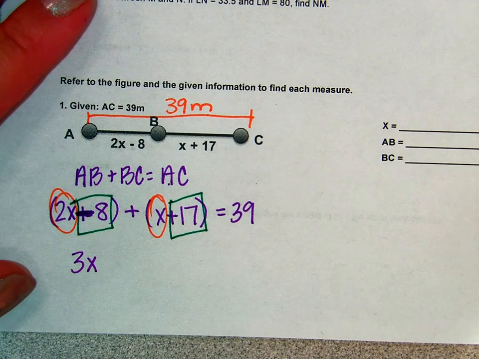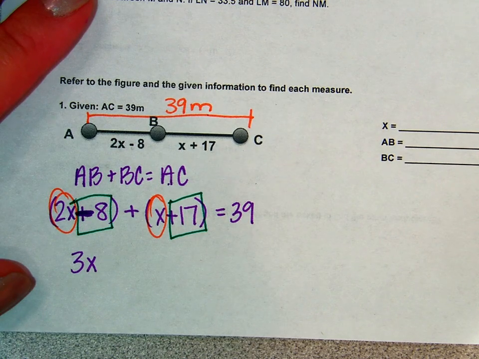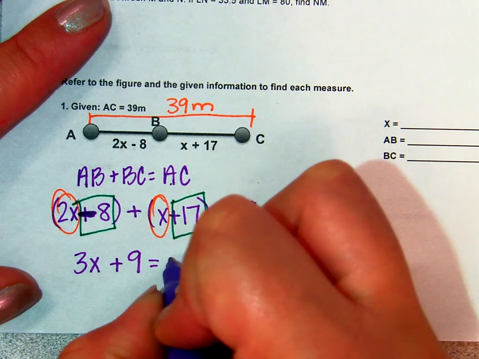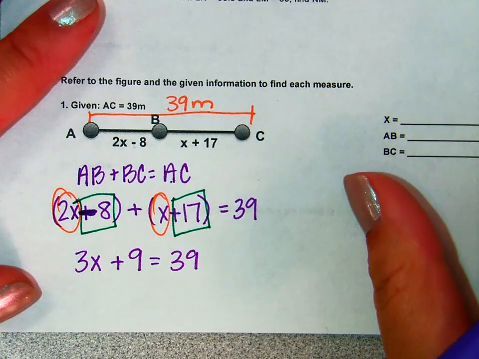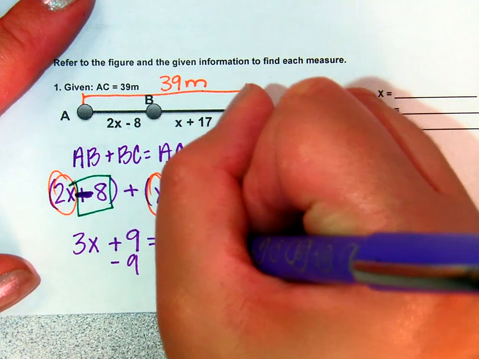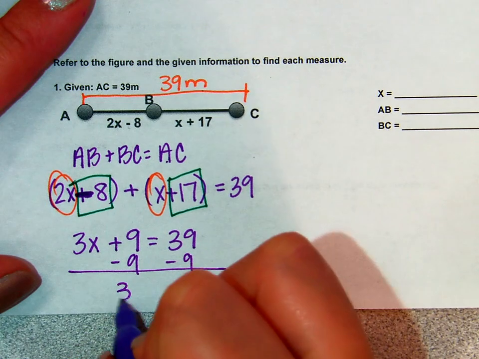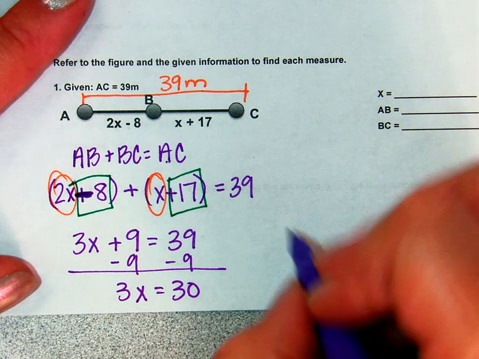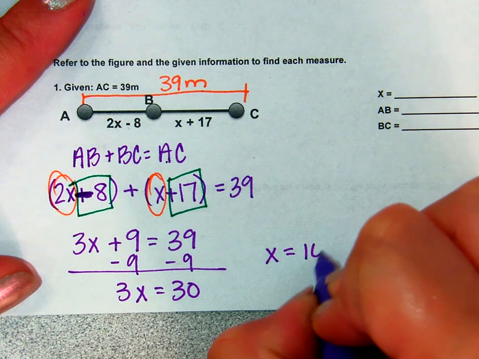Negative 8 and 17, when I add those together I get a positive 9, equals 39. So if I subtract 9 from both sides, 3x equals 30. So x has to be 10.